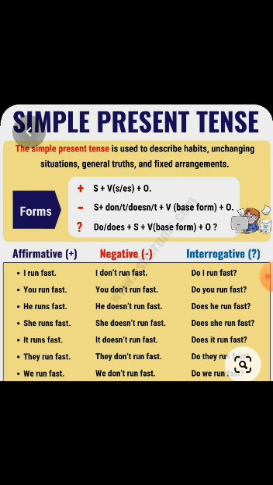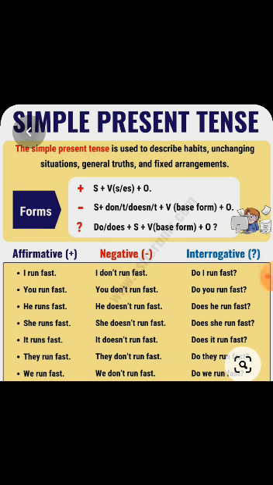It means the sentences which tell us about actions or activities that happen in our day-to-day life or daily routine are called simple present tense. So to make these sentences in simple present tense, it is very easy to learn.